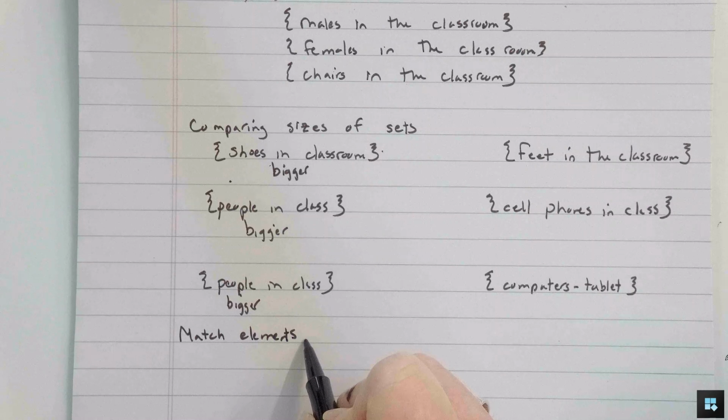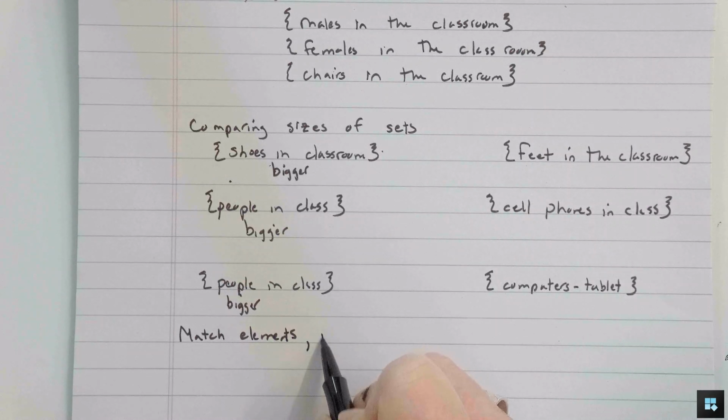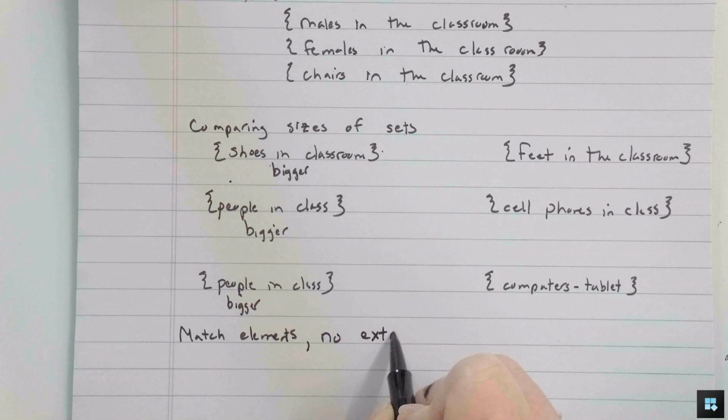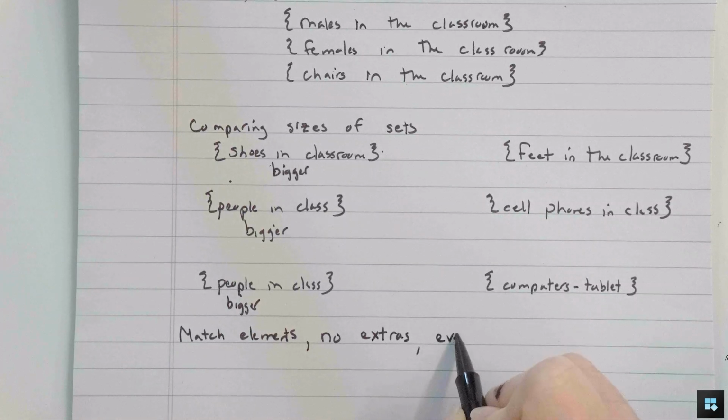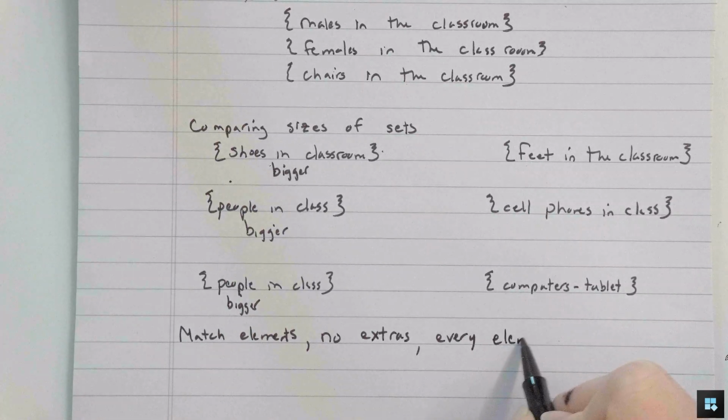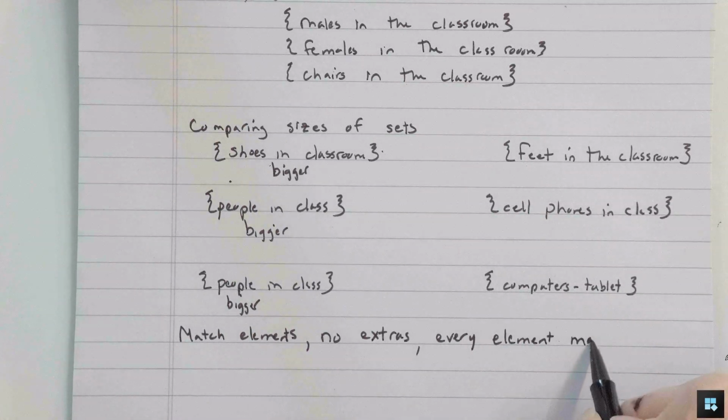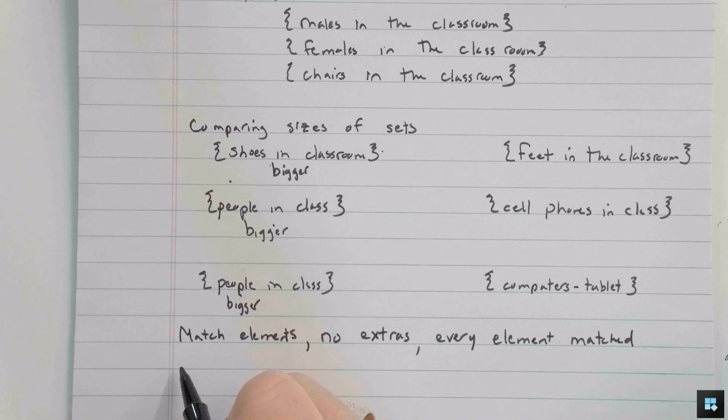We're checking to see is there no extras and every element matched. So nothing gets left out and there's no extras. That's how we've been telling if these are the same size sets. That's a 1-to-1 pairing when you can do that.